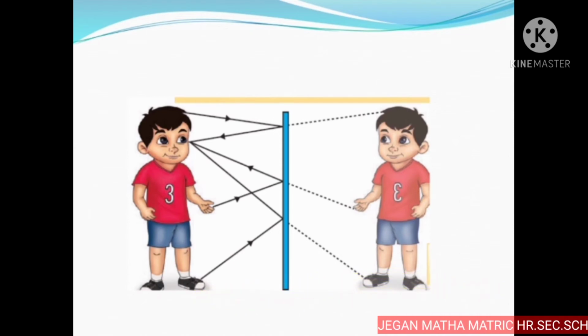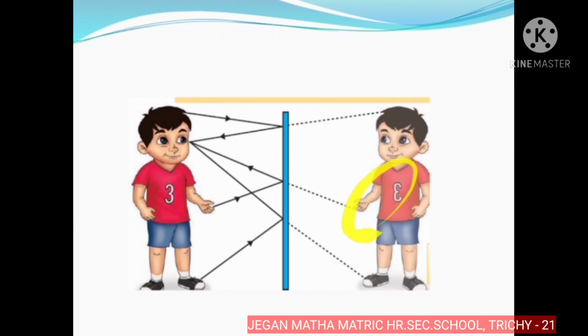And the image is virtual. Then the image is laterally inverted. The boy's left hand is his image's right hand. See the picture. So the image is laterally inverted.